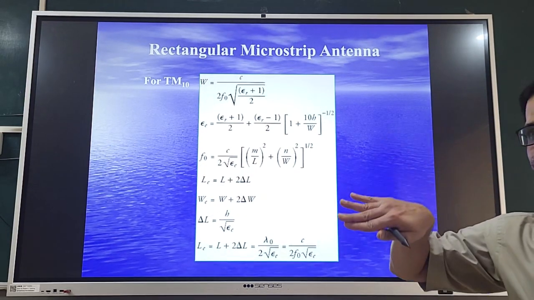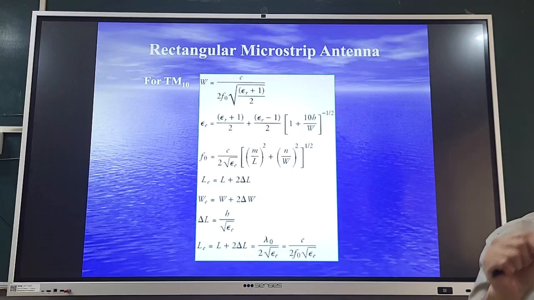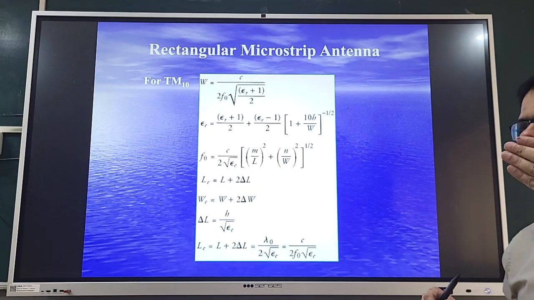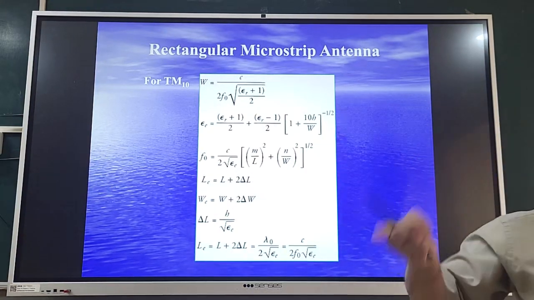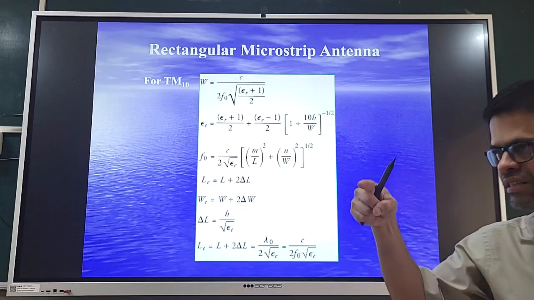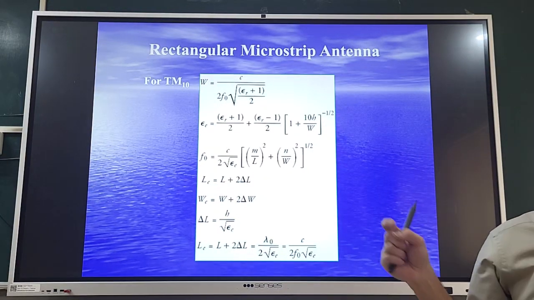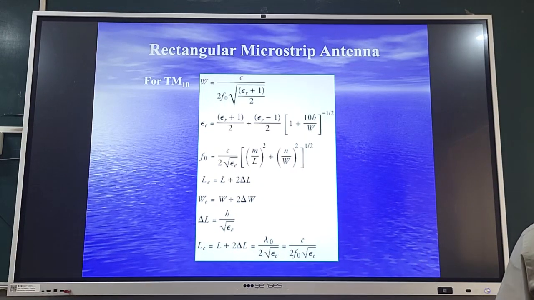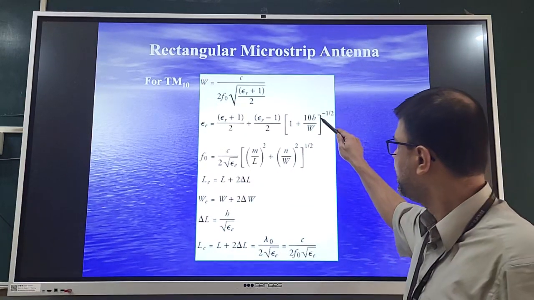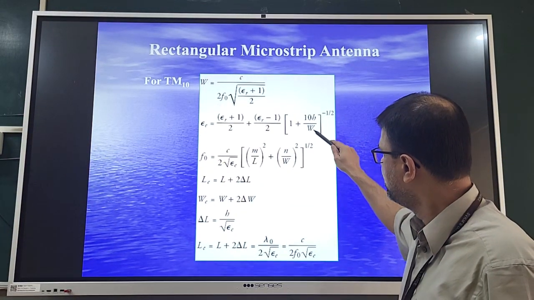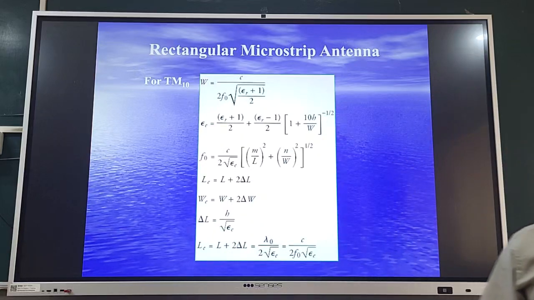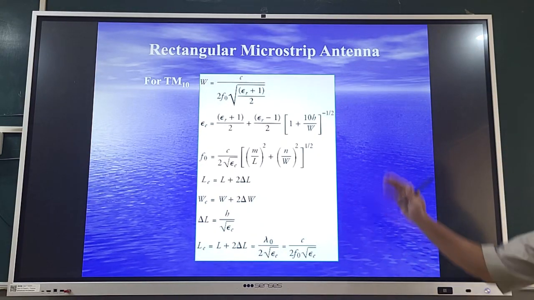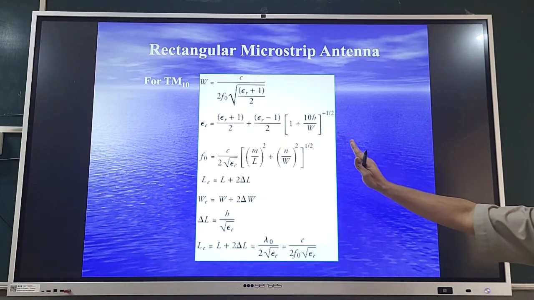But now with respect to that width, we need to calculate the effective dielectric constant coming from that passage, air, substrate, ground or substrate, ground. So calculate this using this equation. Remember h is to be taken in centimeter, and width is to be taken in centimeter. Then units are balanced.